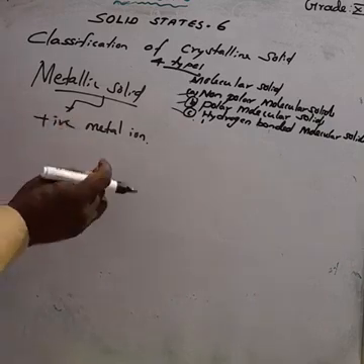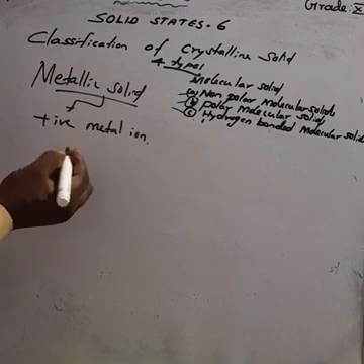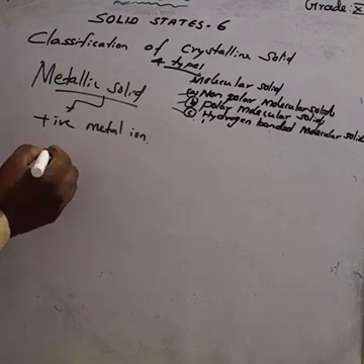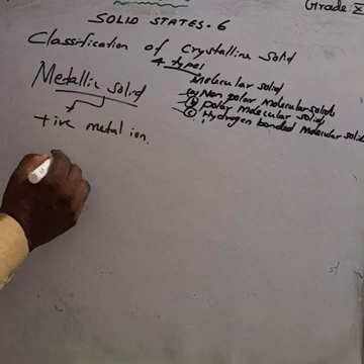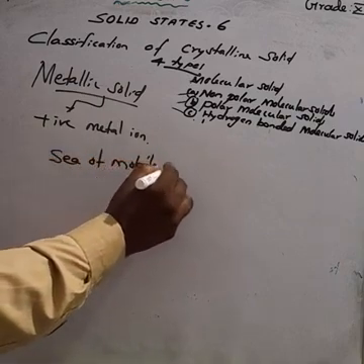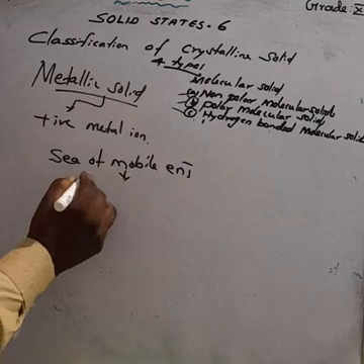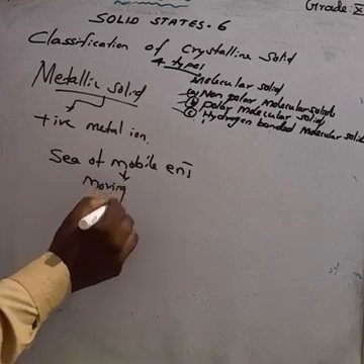In the remaining space, they have a cloud of electrons. Otherwise, we can say a sea of mobile electrons present in the entire crystal. Mobile electrons means moving electrons. All of you know that one.